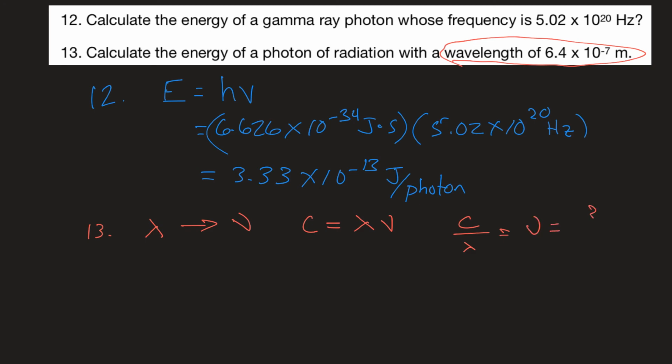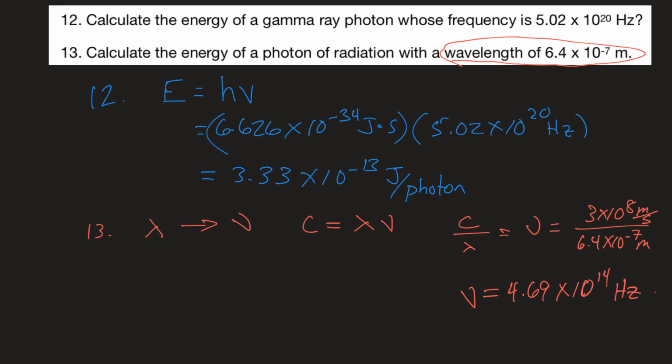So that's going to be 3 times 10 to the 8th over the wavelength of 6.4 times 10 to the negative 7th meters. I should have put the units in up here for speed, meters per second. When I punch this into my calculator, I get that the frequency is equal to 4.69 times 10 to the 14th hertz.